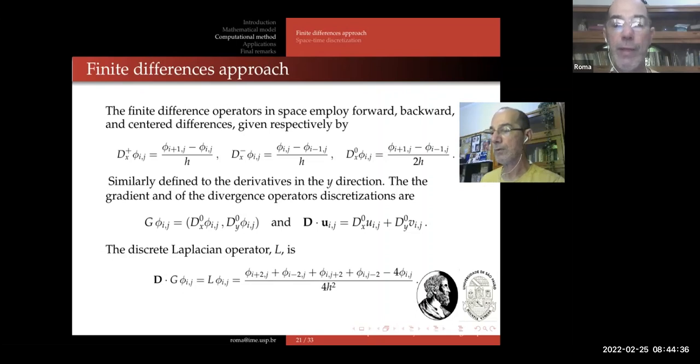So here I have the gradient operator, here the divergence operator, here the Laplacian, discrete operators, and I have a huge set of algebraic equations that I have to solve.